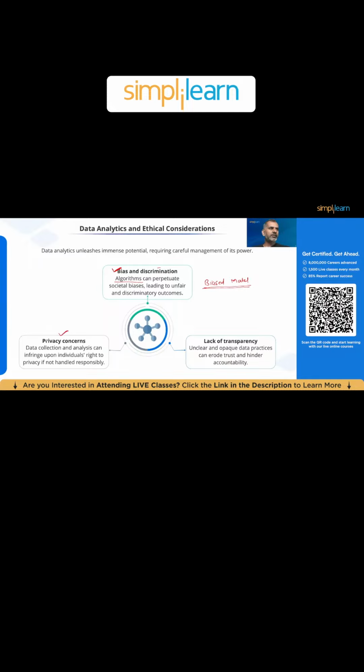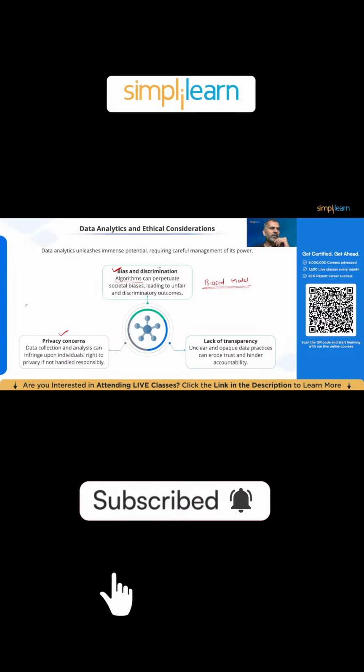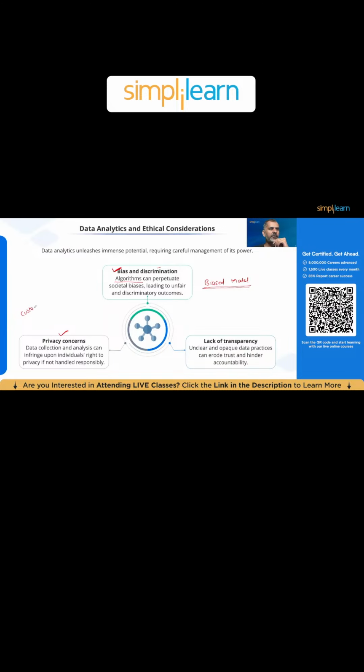Privacy concern is another thing. Data collection and analysis can infringe upon individuals' right to privacy if not handled responsibly, because use cases such as customer segmentation or Facebook friend recommendations require you to collect certain personal information of individuals: the demographic details, the gender, the age, even political opinion, the interests, the hobbies. All this information is considered to be personal information.